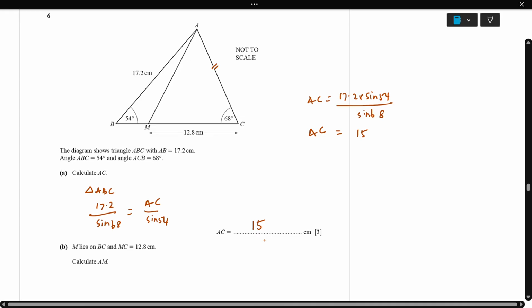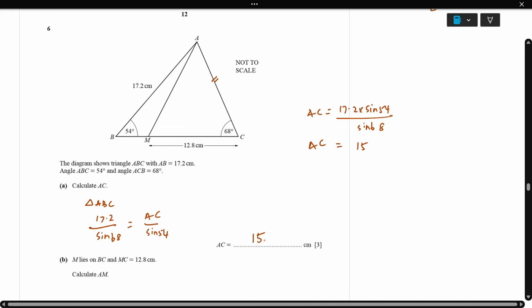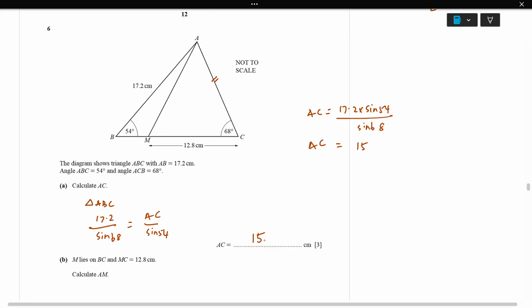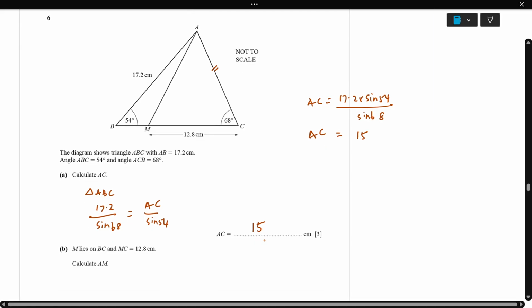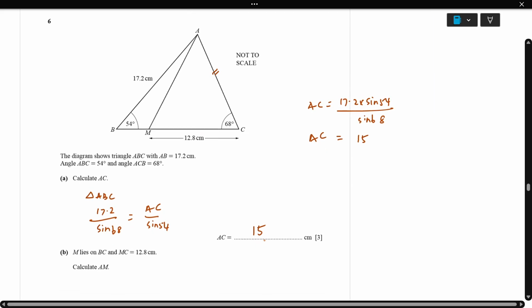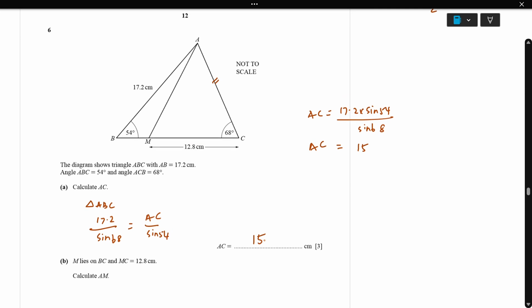The next question: M lies on BC and MC equal to 12.8 is given. Calculate AM. Now we know the other side. Now we have two sides, this side and this side, and the angle between them, so we can go for the cosine rule.